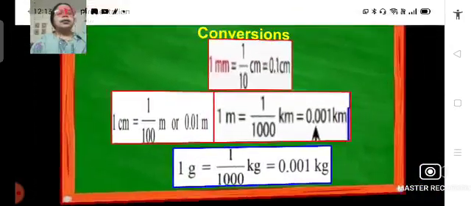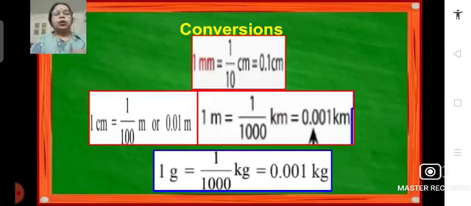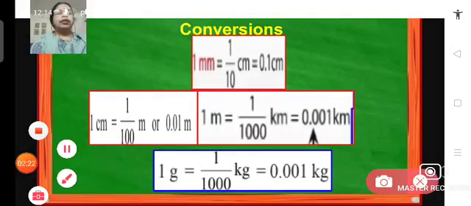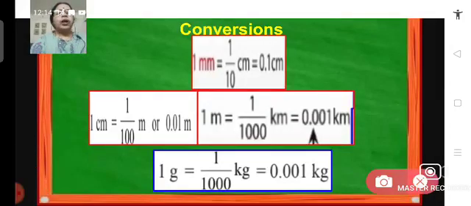In our lesson 8, that is decimals, we have also learnt the conversion of units of measurement. We know that 1 centimeter is equal to 1 upon 10 meter... that is, 1 millimeter is 0.1 centimeters. 1 centimeter is equal to 1 upon 100 meter or 0.01 meter. 1 meter is equal to 1 upon 1000 kilometer, that is 0.001 kilometer. 1 gram is equal to 1 upon 1000 kilogram, that is 0.001 kilograms.